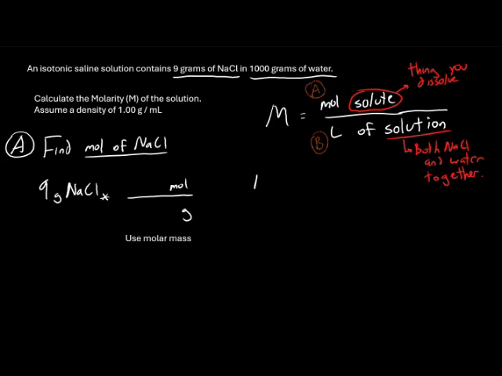The molar mass of sodium is 22.99, and the molar mass of chlorine is 35.45. If we add these together, we'll get 58.34.